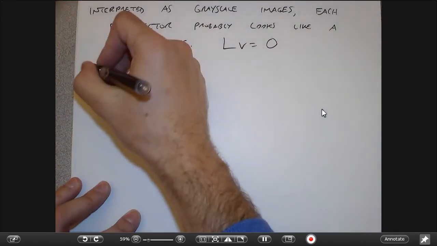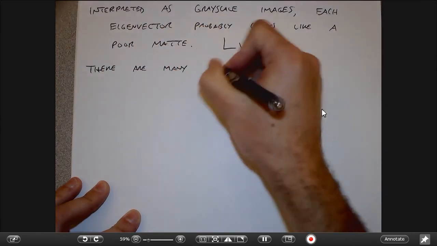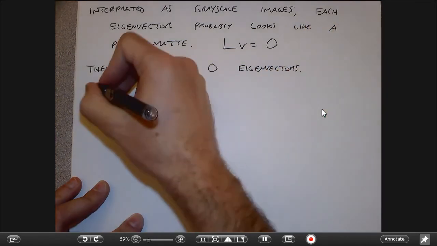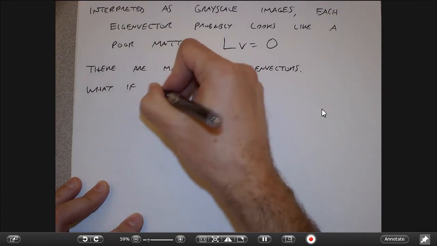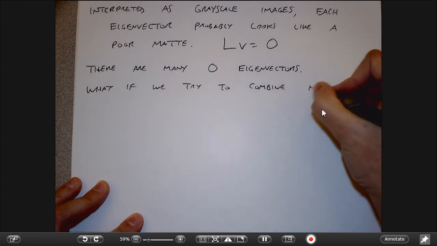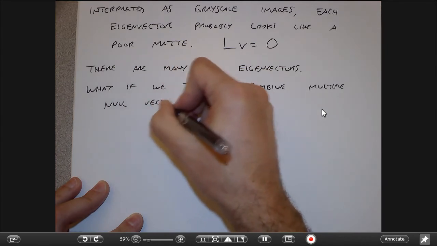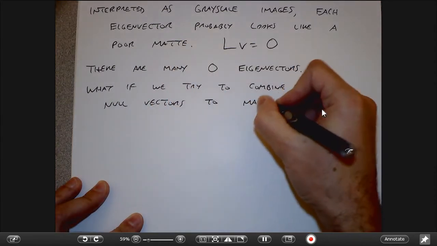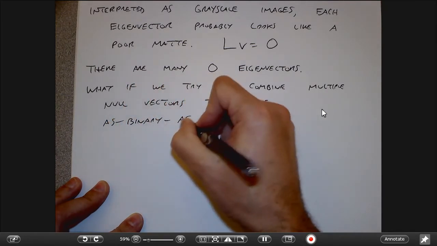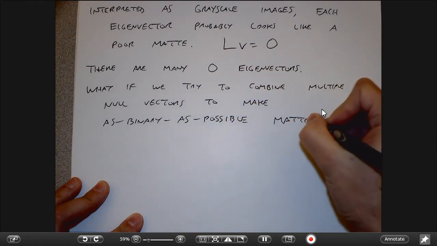But there are many zero eigenvectors. So what if we try to combine multiple null vectors to make what I would call as binary as possible mattes?